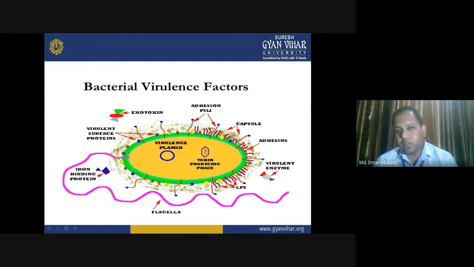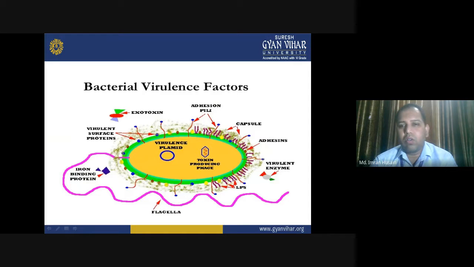So here in this diagram, you can see the different bacteria and their virulence factors. Here you can see exotoxin, virulence plasmids, toxin producing phage, adhesion pili, capsule, adhesins, virulent enzymes, lipopolysaccharide membrane, flagella, iron binding protein, virulent surface protein.